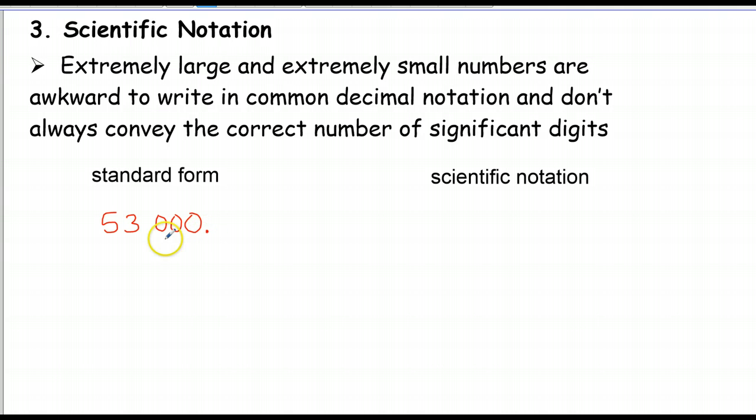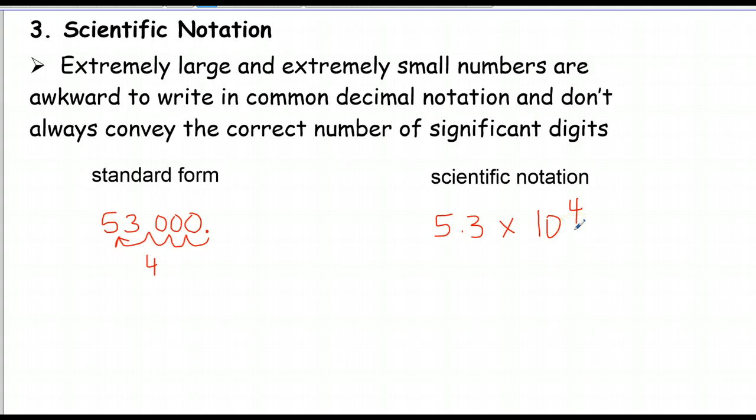Where we want it to be is between the 5 and the 3, right after the first digit. So what we have to do is count how many places it's going to go over. 1, 2, 3, 4. So it's got to move over 4 place values, and to the left. So our scientific notation then becomes 5.3 times 10 to the 4.